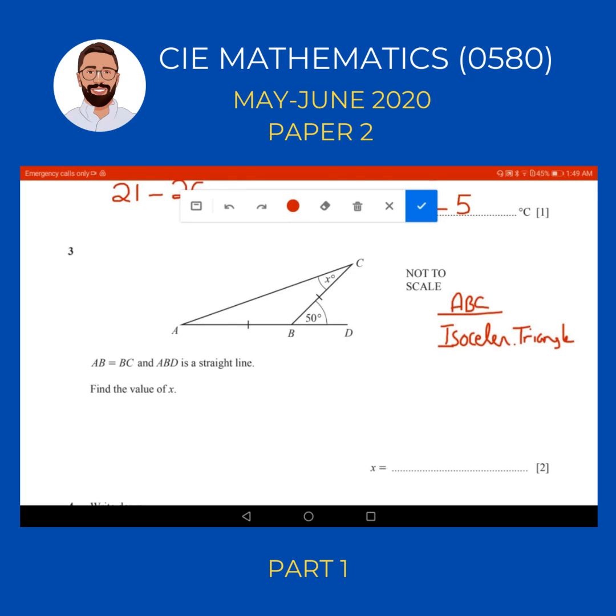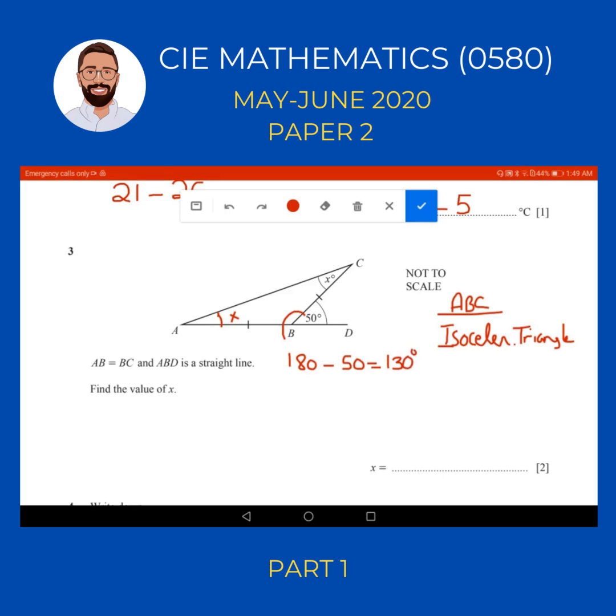By isosceles triangle, I mean that if the angle at C is x, then the angle at A is x too. Now, since ABD is a straight line, then the angle at B is 180 minus 50 degrees, which is equal to 130 degrees.